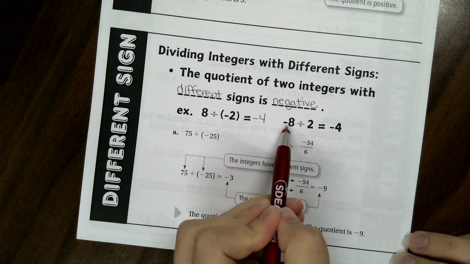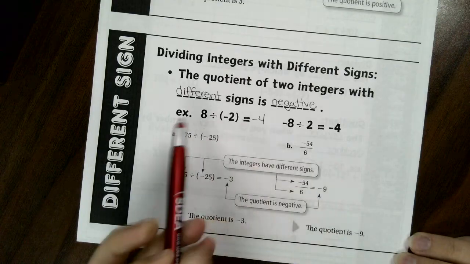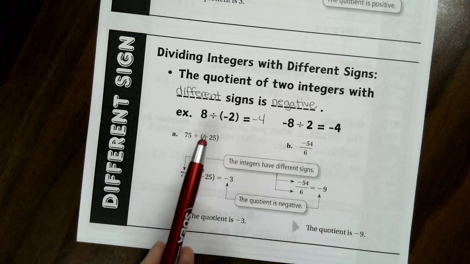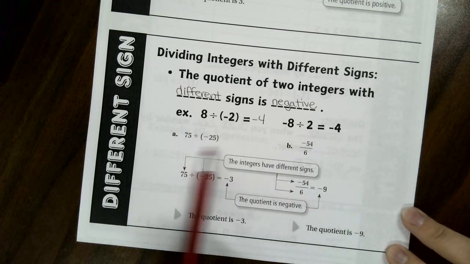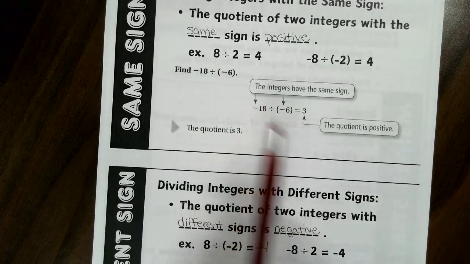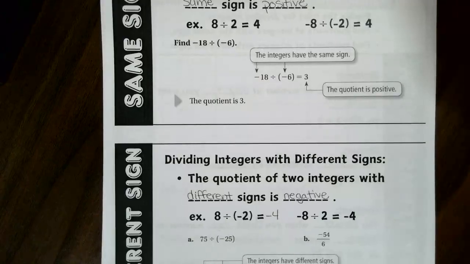And if I have a negative 8 divided by 2, it is going to be negative 4. So it doesn't matter which way my negative is. If there are different signs, then it's going to end up being negative. And there are some examples here. There's 2 examples here for you to see, and there's an example up here so you can see how the problem was solved.